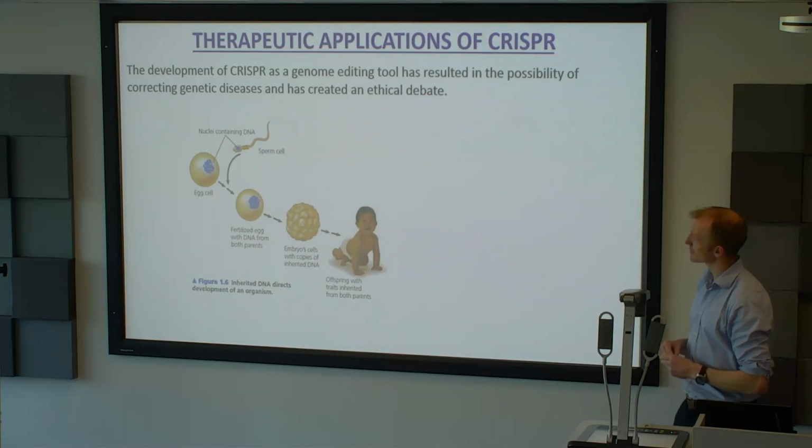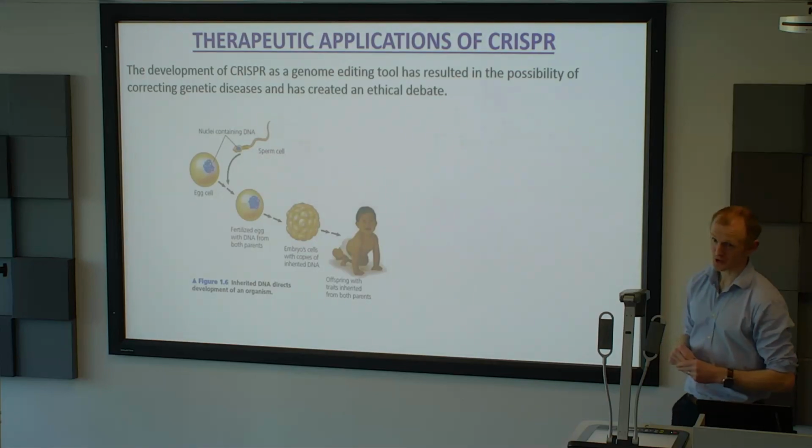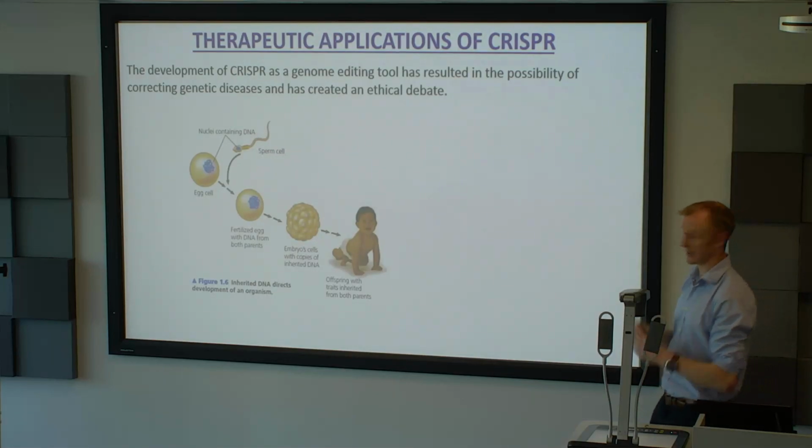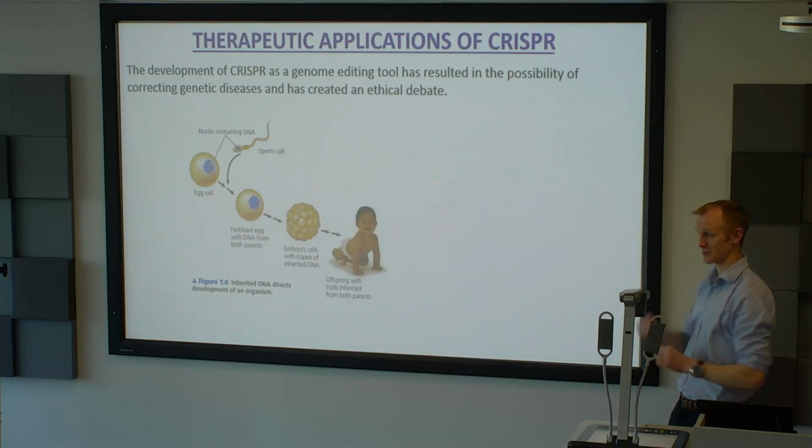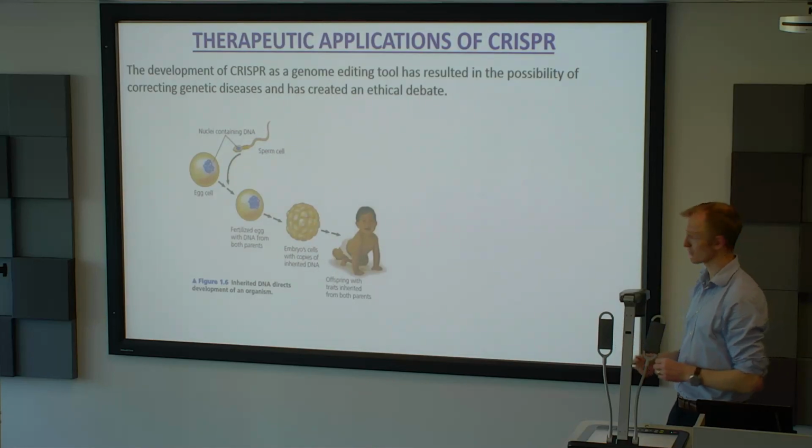But with CRISPR, there's the potential: can you use it as a genome editing tool on embryos? Could you create embryos whereby each cell in the body has been genetically modified through CRISPR? And that has actually just been realized in the last couple of months.